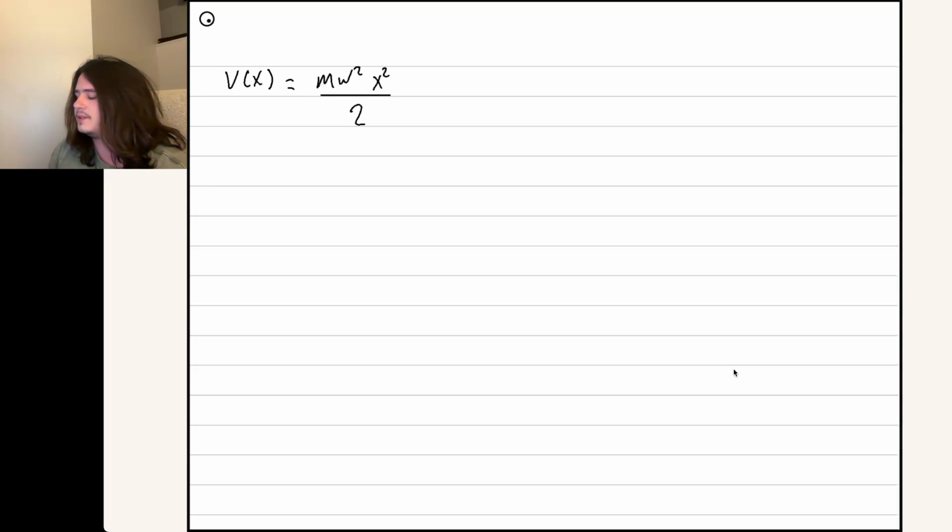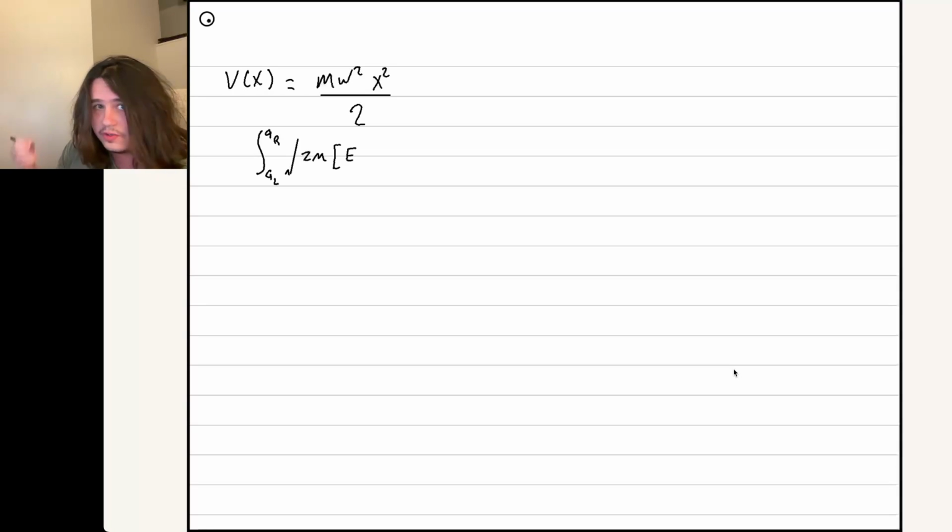The way to do this, in general, if you're doing the WKB approximation, you're going to find your energy eigenvalues by taking the integral, bounded by the classical turning points of given energy, of the root of 2m times this energy, E, minus your potential energy, V of x. This is assuming one dimension.